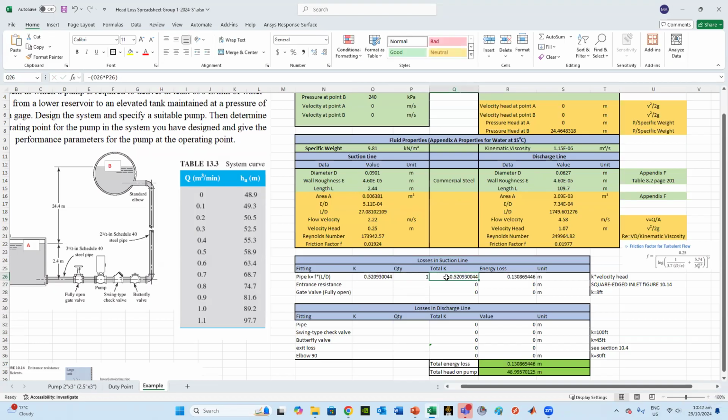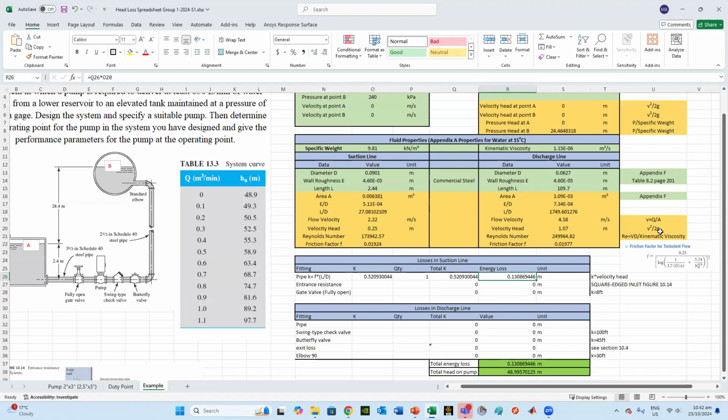Total K should be multiplied by the energy loss. Energy loss is what? You multiply the total K by the velocity head. So it should be velocity head. Why velocity head?